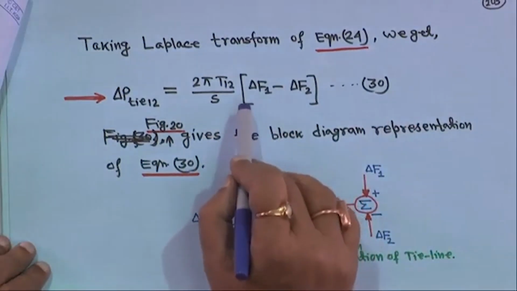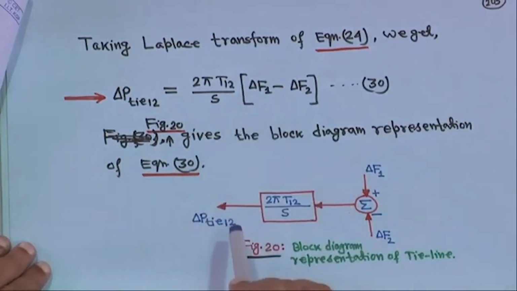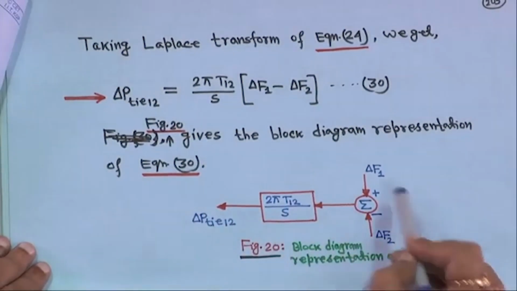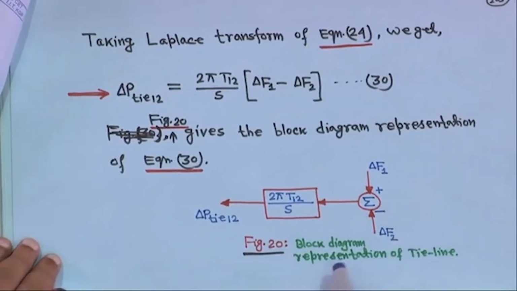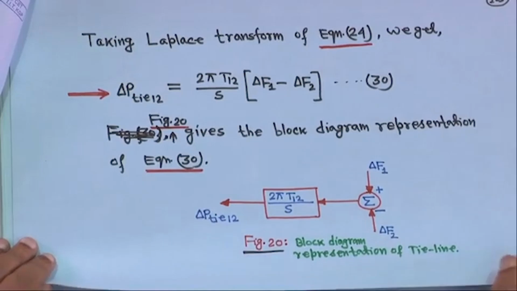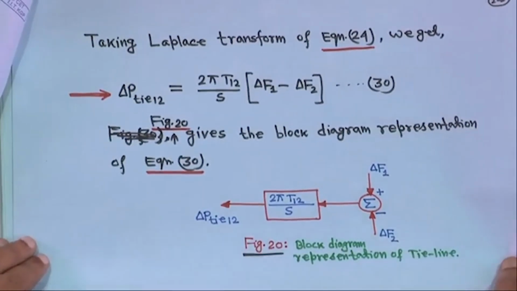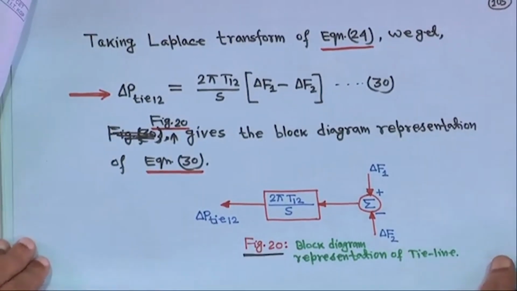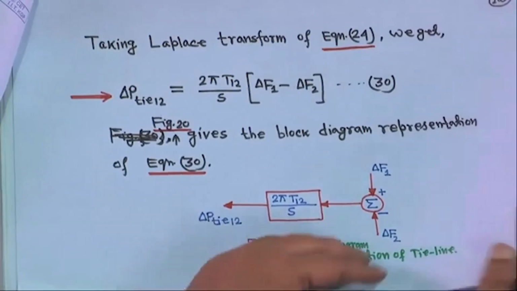If you make the block diagram for this equation, then delta P tie 12 is equal to 2 pi T12 upon S into delta F1 minus delta F2. This is the block diagram representation of the tie line. That means the tie line also can be modeled in the S domain. So, this is the tie line power equation.